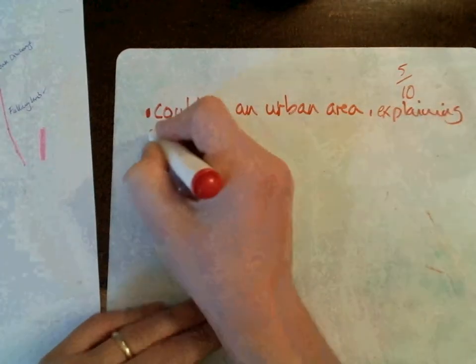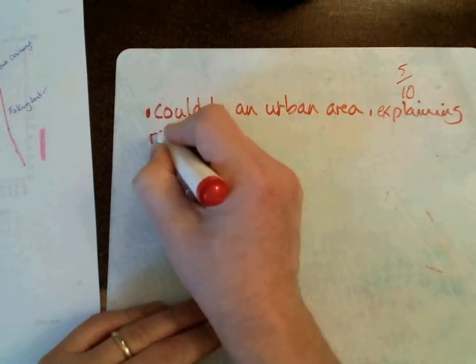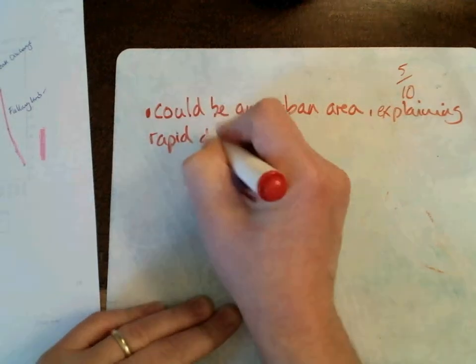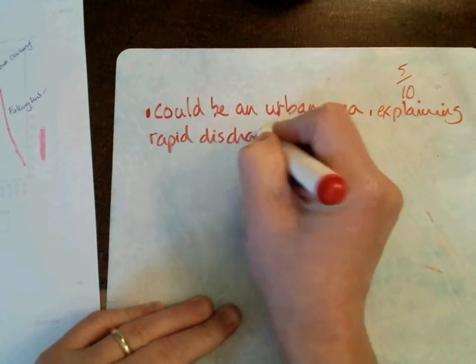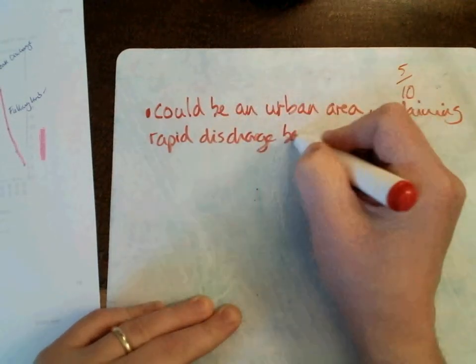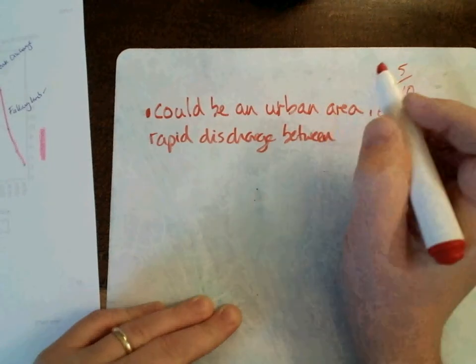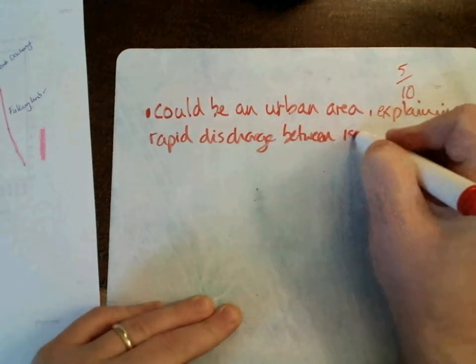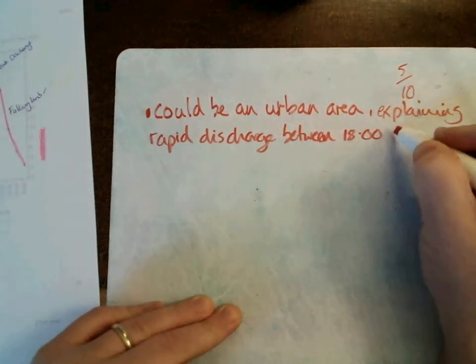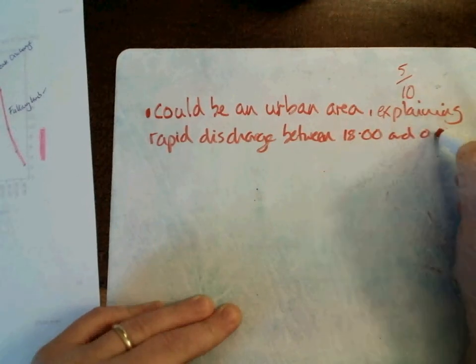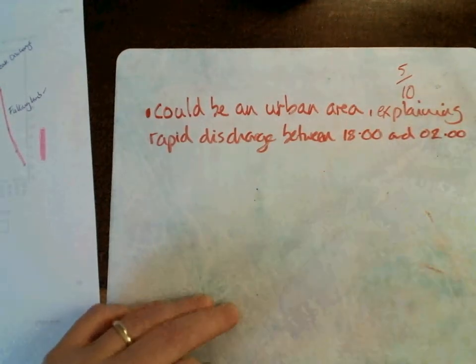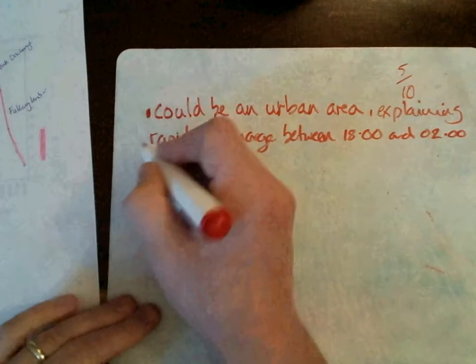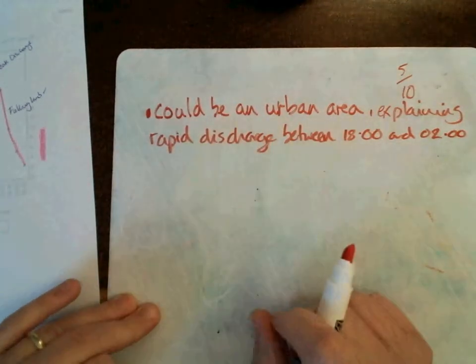Explaining rapid discharge between 6 o'clock and 2 a.m. and we need to explain why that's valid.